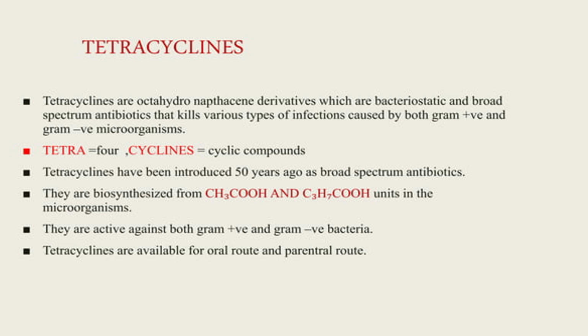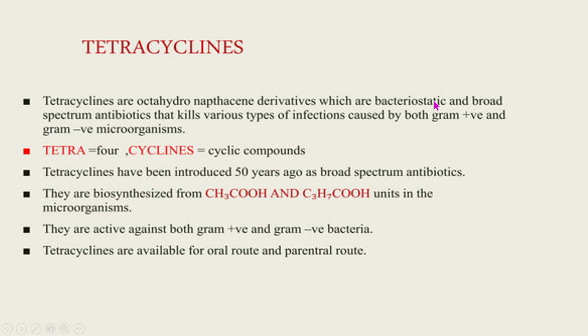No doubt they have the presence of 4 cyclic rings in the structure, but how are these 4 cycles formed together? There is an attachment of 2 naphthalene nuclei through side chain mechanisms, and they are attached together to form the octahydronaphthalene derivative, which is known as tetracycline, which is a bacteriostatic broad spectrum antibiotic.